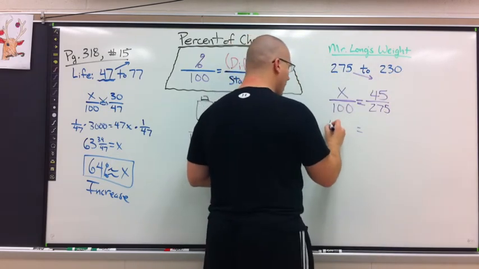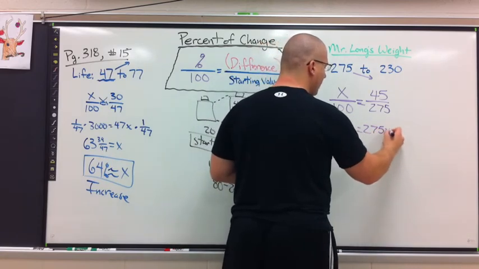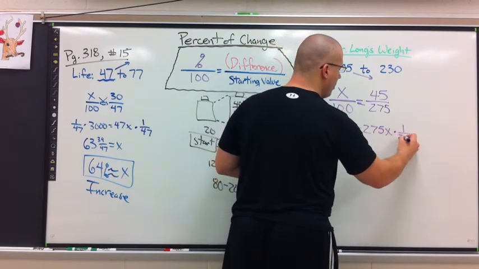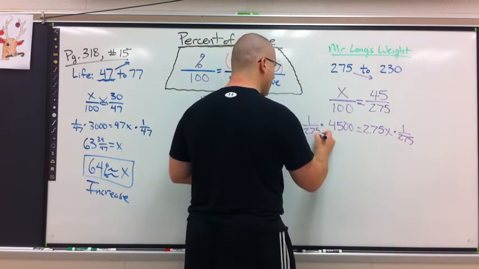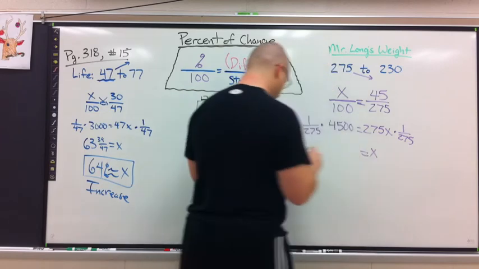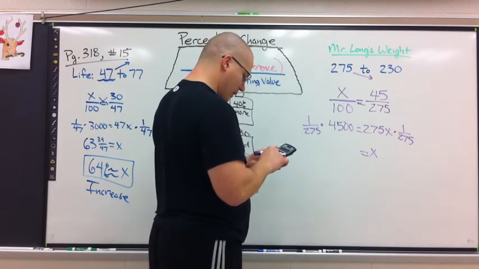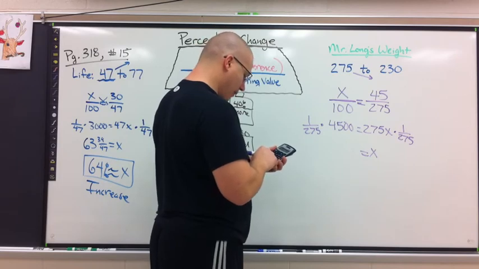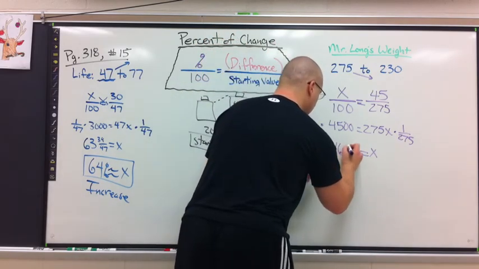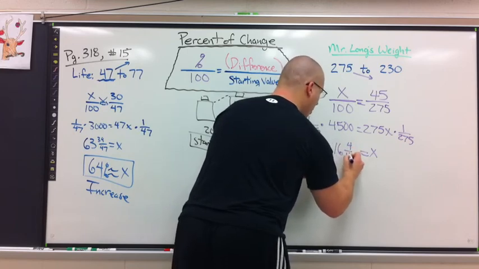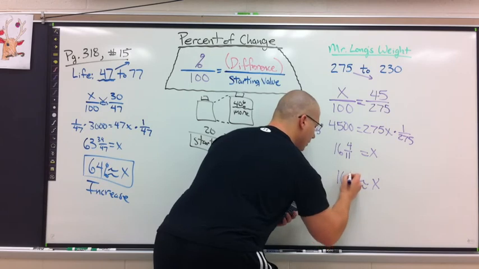Total, 4,500 equals 275x times the reciprocal, 1 over 275. 1 over 275 times 4,500 equals 16 and 4/11, which rounds to 16%.